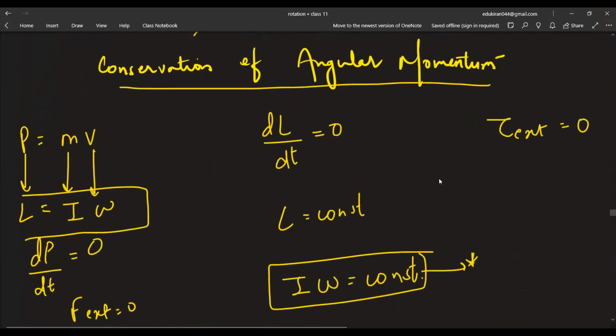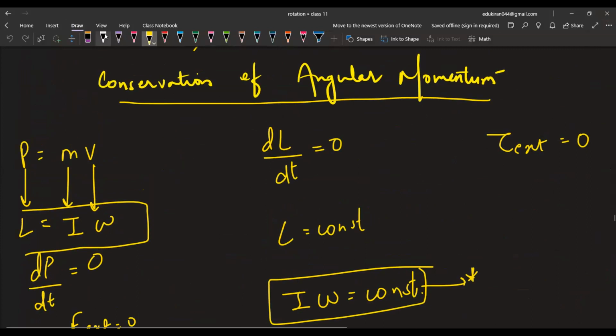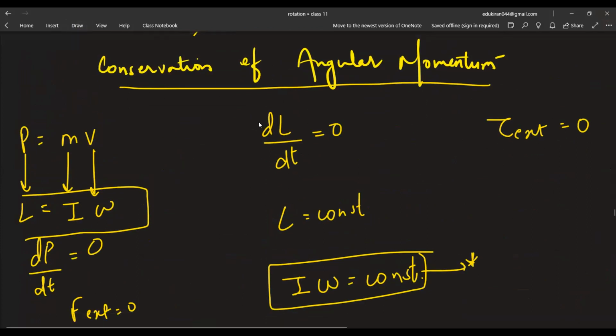So this also we have discussed. We were on conservation of angular momentum. In conservation of angular momentum, it's similar to conservation of linear momentum. In conservation of linear momentum, we had the external force equal to 0. In conservation of angular momentum, we'll have the external torque equal to 0.